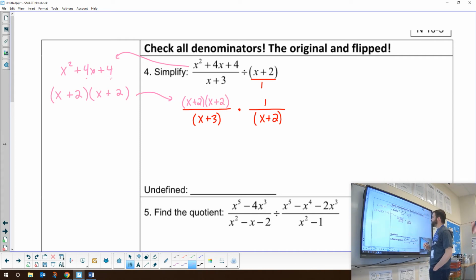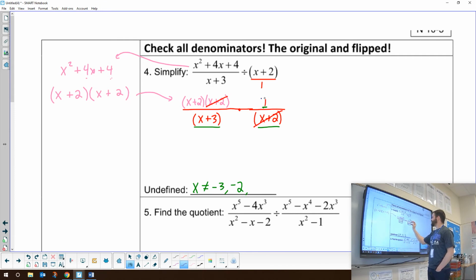Now, we're going to label my undefined. So my undefined for this one is x cannot equal negative 3. For this one, it is x can't equal negative 2. And then we're going to look at the top, because I flipped it, but it doesn't have an x, so it doesn't affect anything. Then we make it one big fraction, and we cancel out like terms. This x plus 2 and this x plus 2 can cancel.